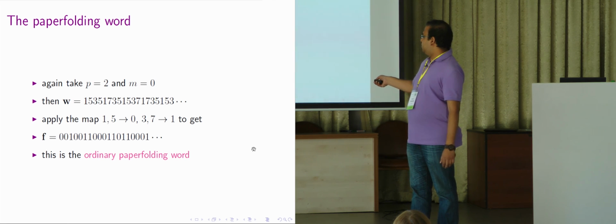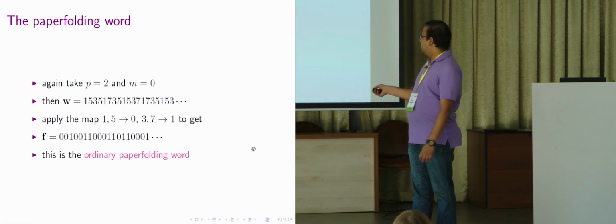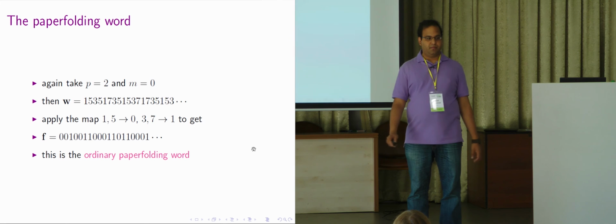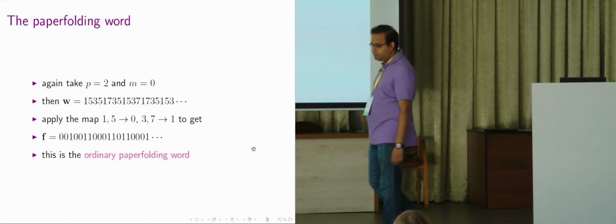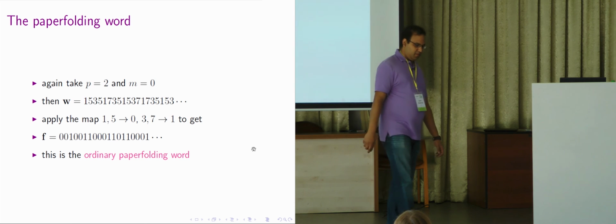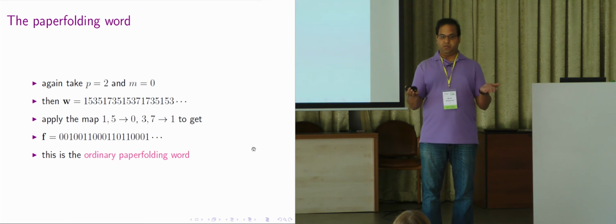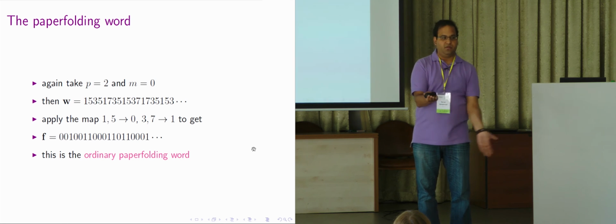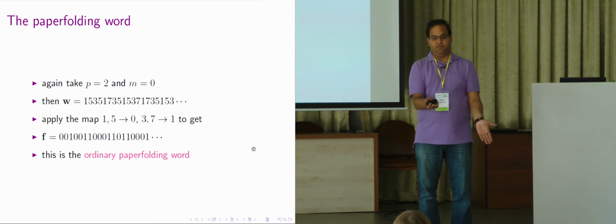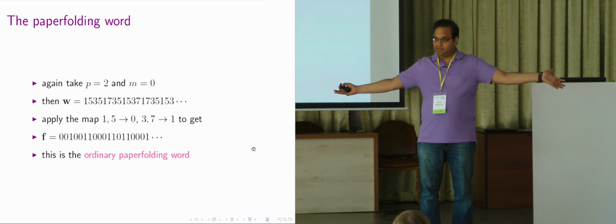So this is actually a well-known classical word. This is called the paper folding word, and it's a well-studied word. If you want to know why it's called the paper folding word, you take a piece of paper and fold it in half, and then fold it in half again, and again and again, infinitely many times, and then you unfold it.